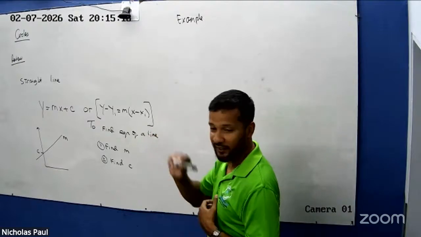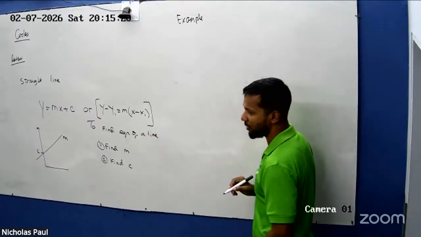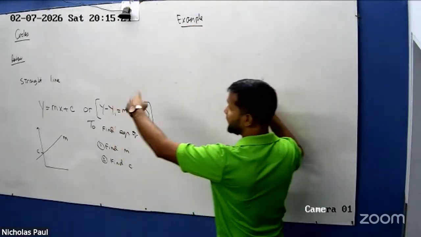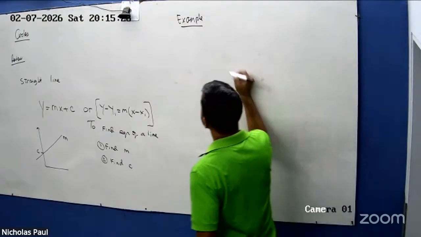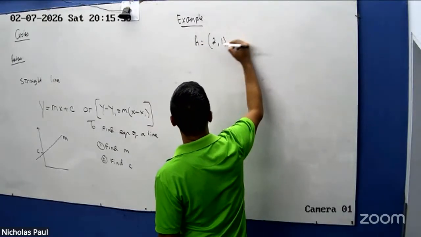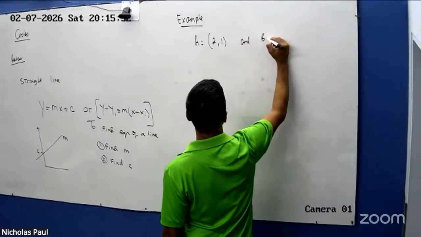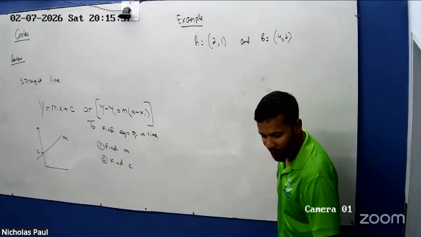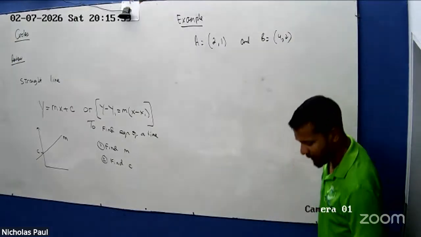Quadratics, the equation for curves. And then we're going to turn it into a circle now. So, a small example. Let's say I gave you A (2, 1) and B (4, 2), and I want you to find the equation of that line.